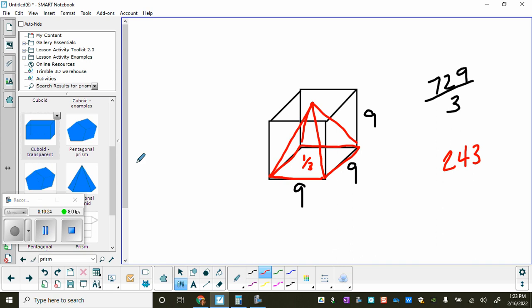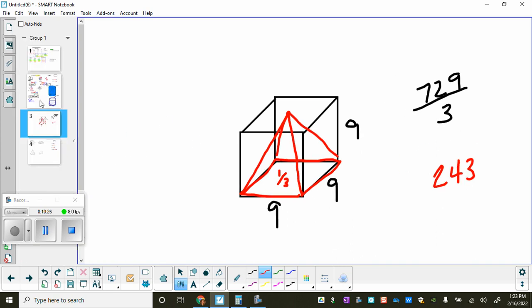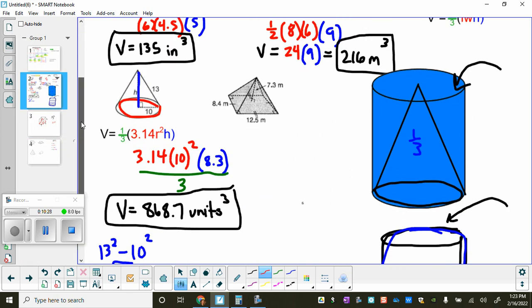Okay. So now let me go back over here to your notes. And we're on this last example here. So for the volume of this one, once again, we're just going to find the length times the width, and then we need to do times the height. So the area of this base right here is going to be 8.4 times 12.5. So we've got length times width.